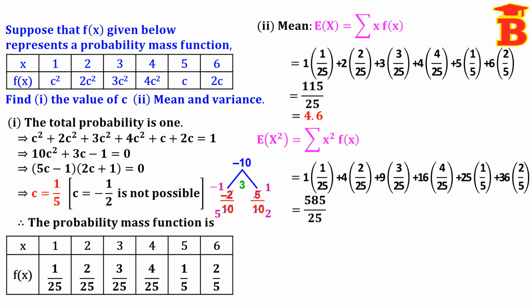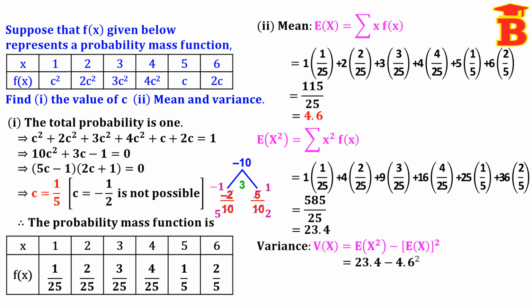And here also taking 25 LCM, we get 585 divided by 25. And dividing this we get 23.4.